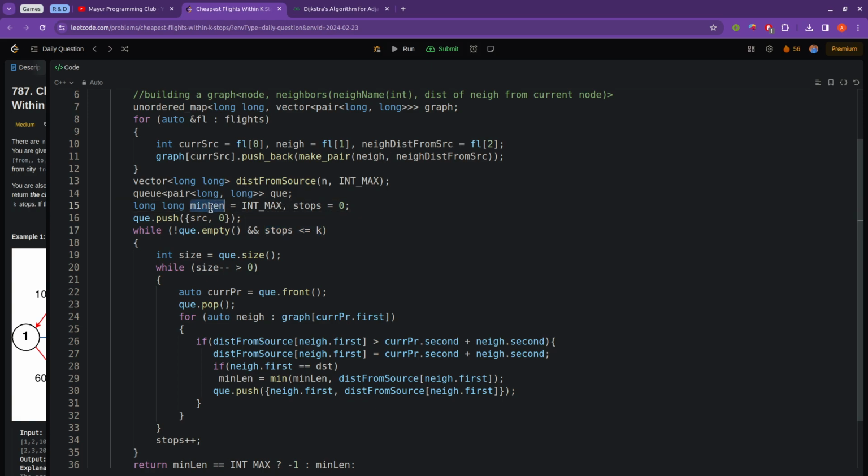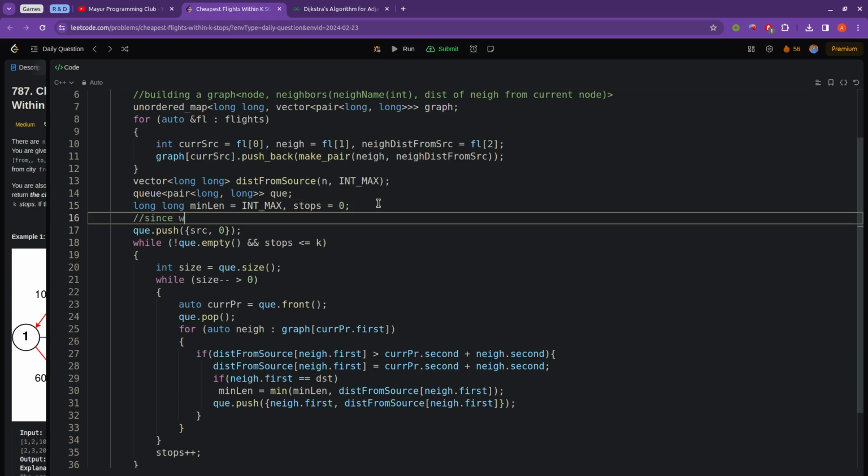This variable will be returned at last. Initially we are initializing it with the maximum value, and then we are initializing the number of stops that we have taken till now. Till now we have not visited anything other than that we are currently on our source.